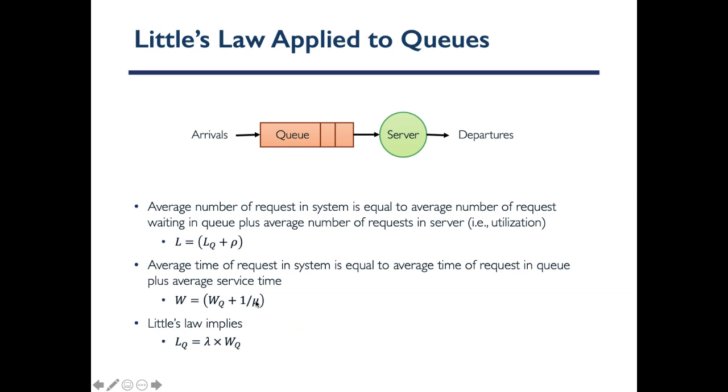So what you will get is that LQ equals your arrival rate times your wait time in the queue. Now everything becomes focused on this queue. The average length of the queue is equal to your arrival rate times the average time that each item spends in your queue.